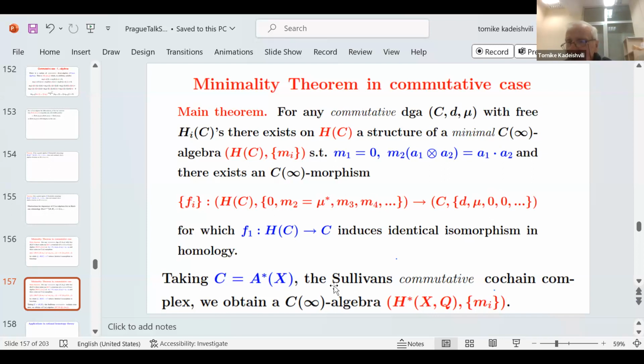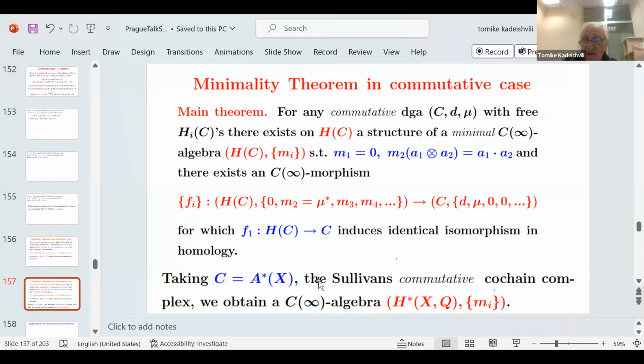But in Sullivan's rational case, Sullivan's commutative model was complete. In this rational case, rationality is a big restriction, but there exists a complete algebraic model.